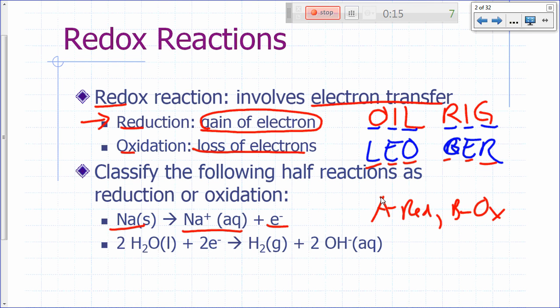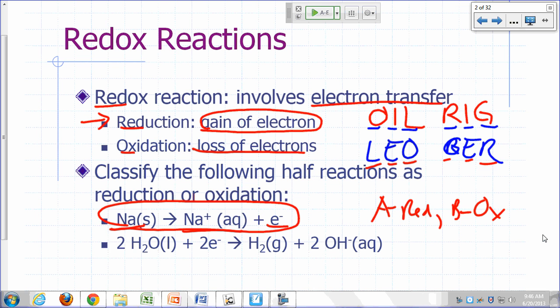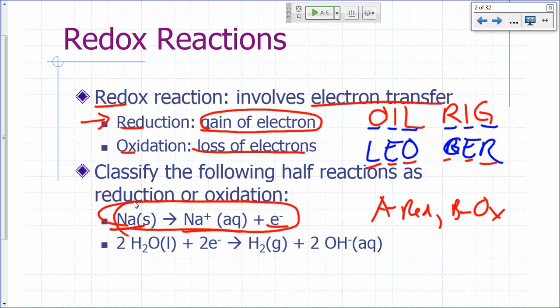Remember, what does a symbolic representation like this mean? What you have on the left is what you have before. What you have on the right is what you have after, right? So is that reduction or oxidation? That means that is a loss of electrons.